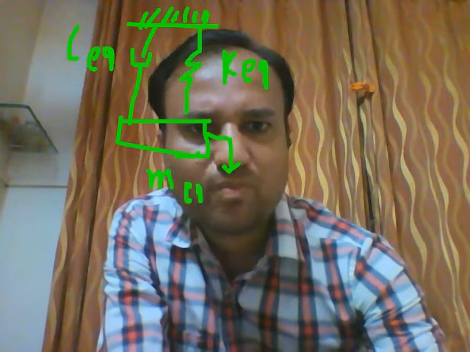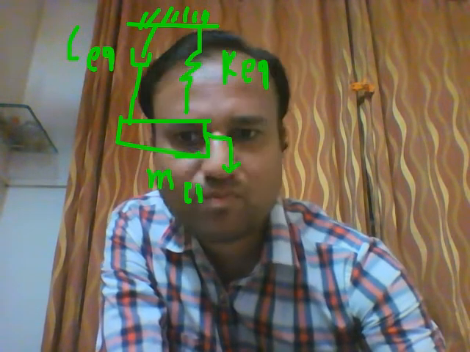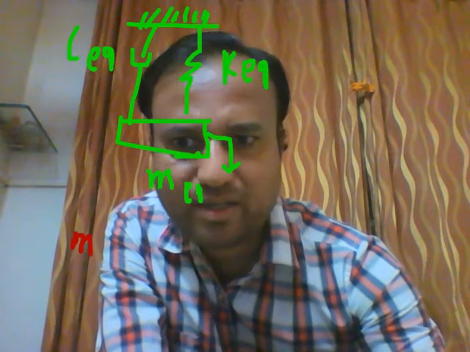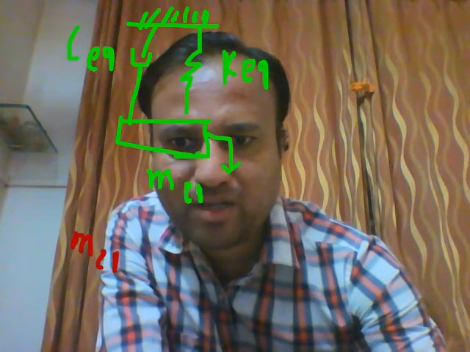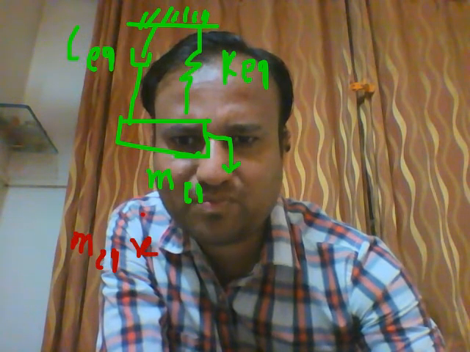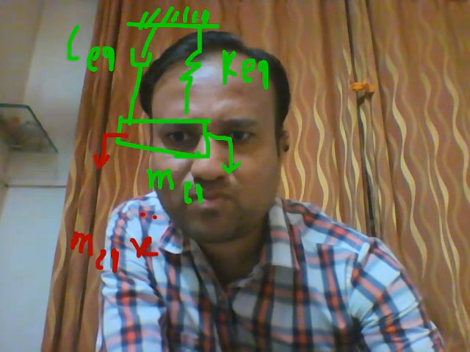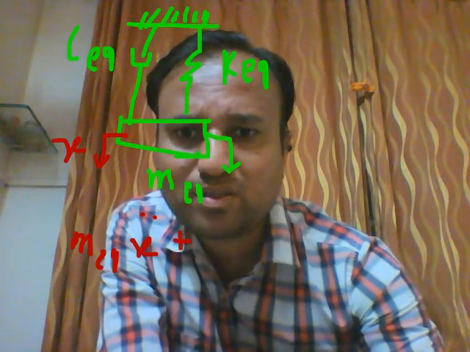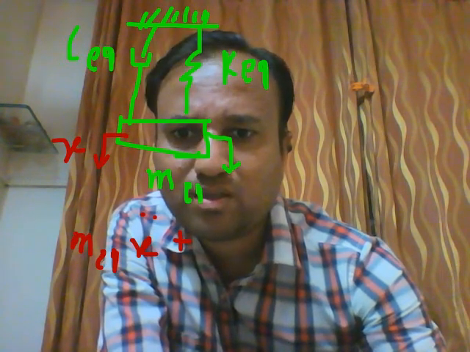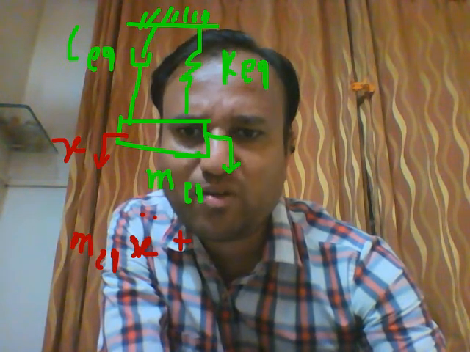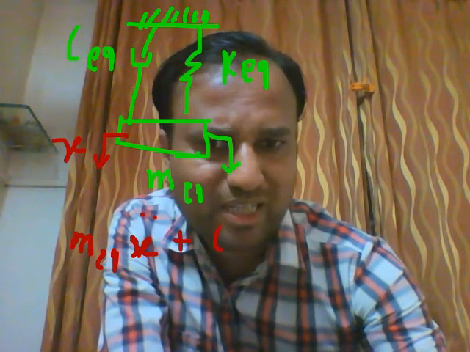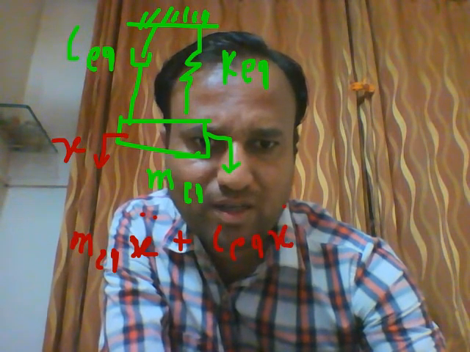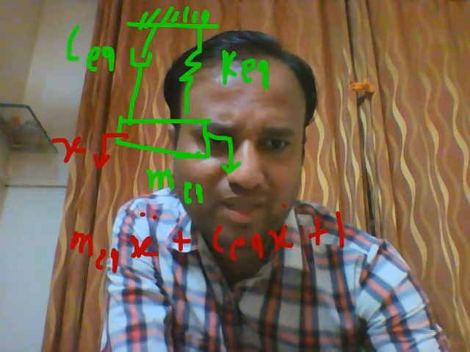Now the equation of motion for the x coordinate system, x being the displacement, with m replaced by M equivalent, will be M equivalent x double dot plus C equivalent x dot plus K equivalent into x.